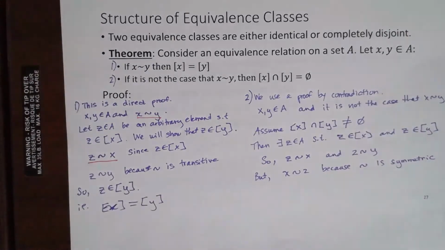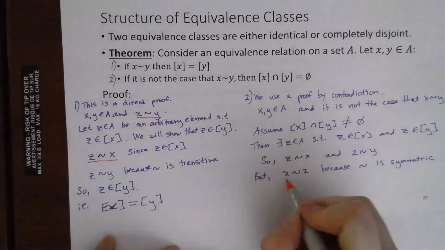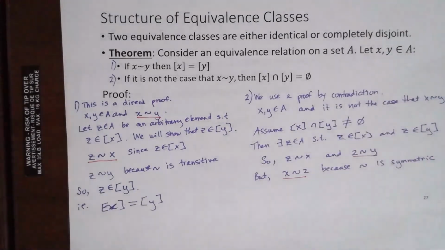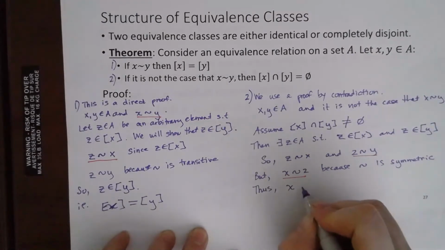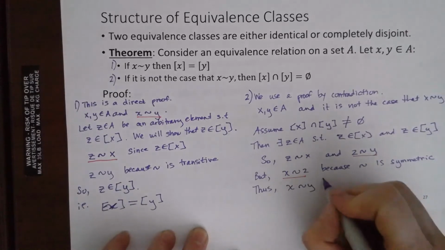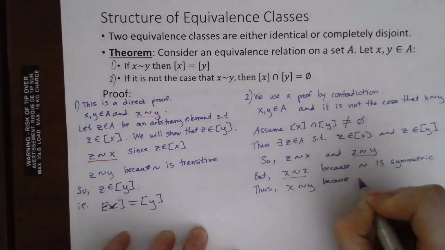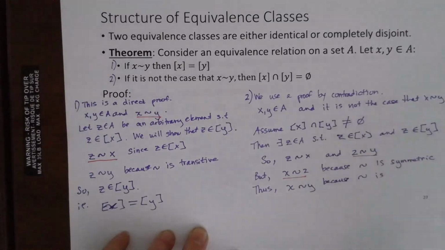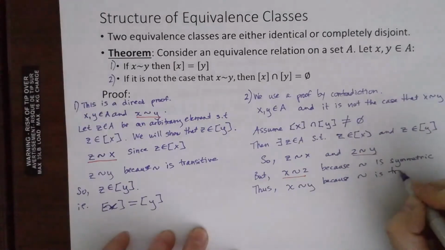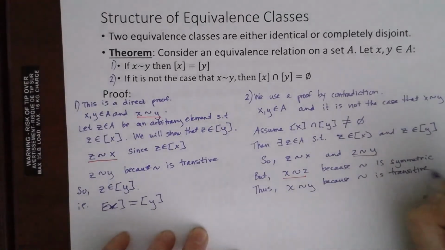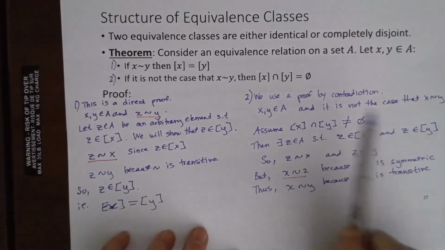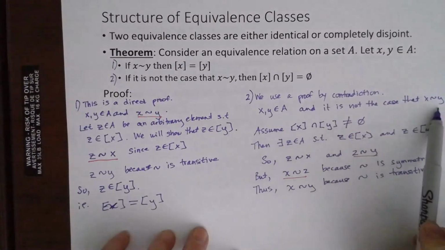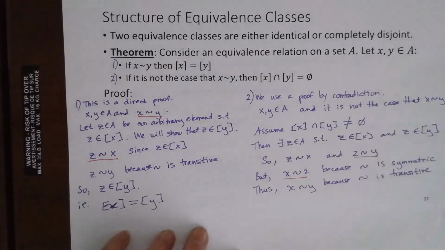Okay, and now I have X is related to Z, Z is related to Y, and so now I can conclude what? So X has to be related to Y, and that's because the relationship is what? It's transitive. Good. Okay. So now I have that X is related to Y, but up here I said it is not the case that X is related to Y. There's our contradiction.